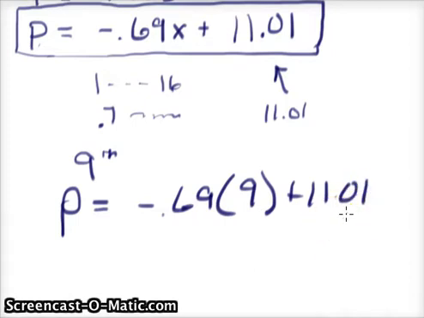So when we get a calculator, 9 times negative 0.69 is negative 6.21.